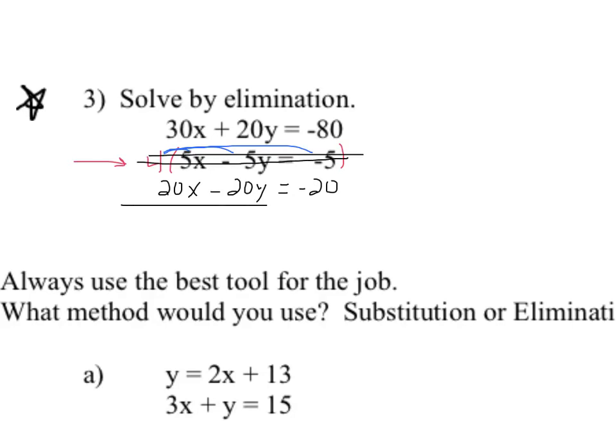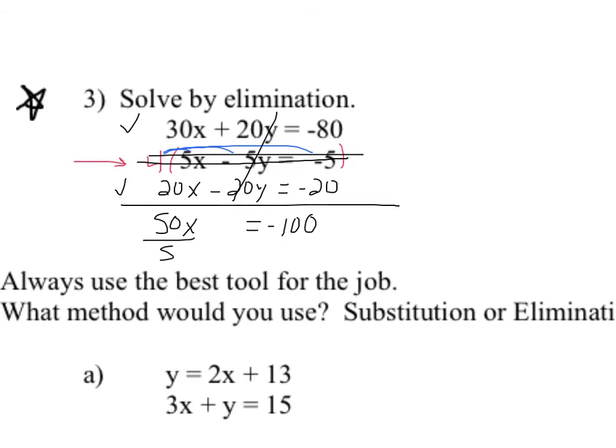So if I add vertically, I'm using this equation and this equation now, I have 50x, these are gone, and we get negative 100.